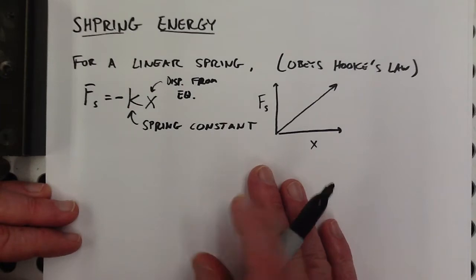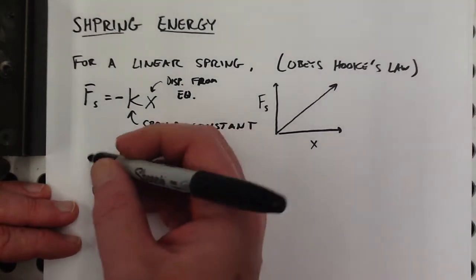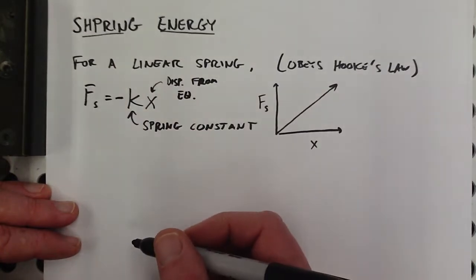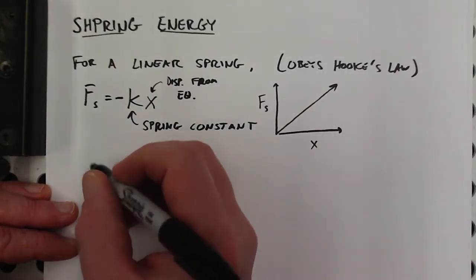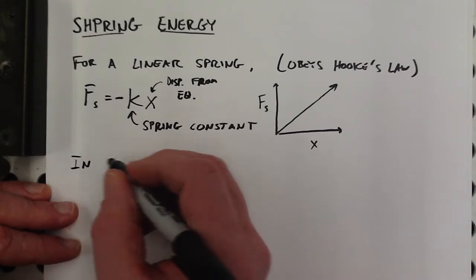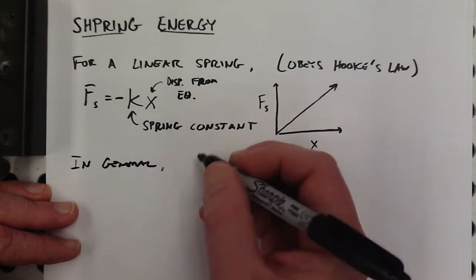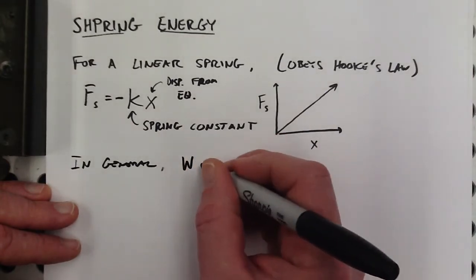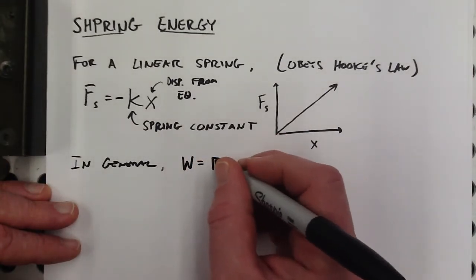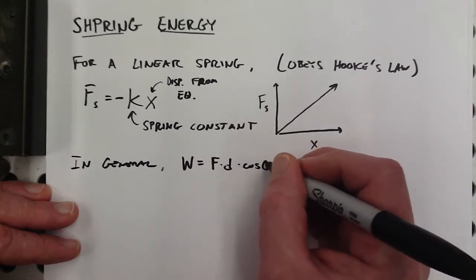Okay, so how about now the work done by a spring? Well, here are some thoughts. In general, work is equal to force times distance times cosine of the angle between them.